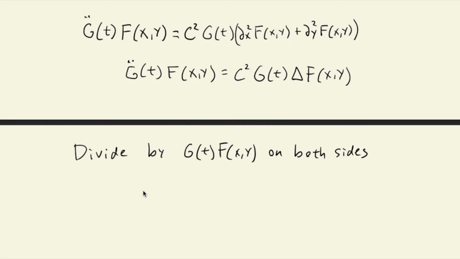We're going to get g double dot of t divided by g of t. On the right side, and let me take the c squared as we usually do and send it to the left. I'll put it over here, c squared. Now on the right, we have the Laplacian of f on top. This g of t will cancel when we divide by g of t f. We're just going to get an f on the bottom.